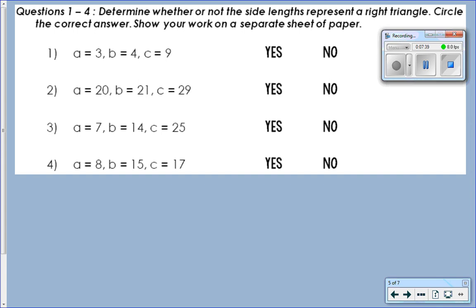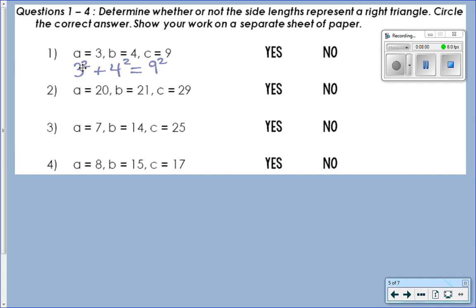So A is 3. So we have 3 squared plus 4 squared equals 9 squared. In your calculator, I want you to put it in exactly like that, and then hit enter.